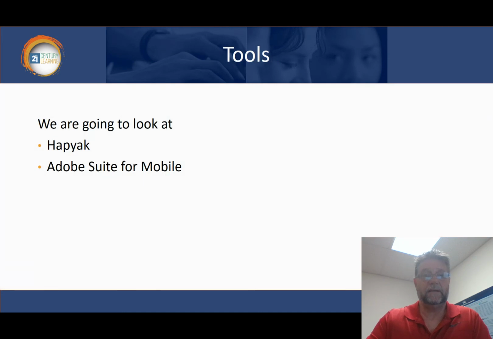We're going to look at HapYak and Captivate. In the future, we're going to do Captivate, HapYak, and the Adobe Suite for mobile. That's what we're going to look at as far as tools. But right now, what I want us to do is get lost in the process. The process right now is looking at the storyboard, which is going to be assignment 2.